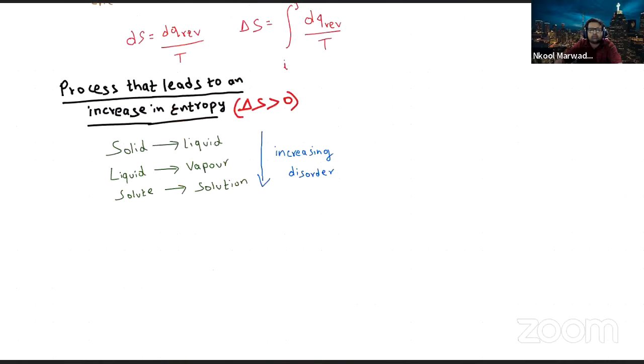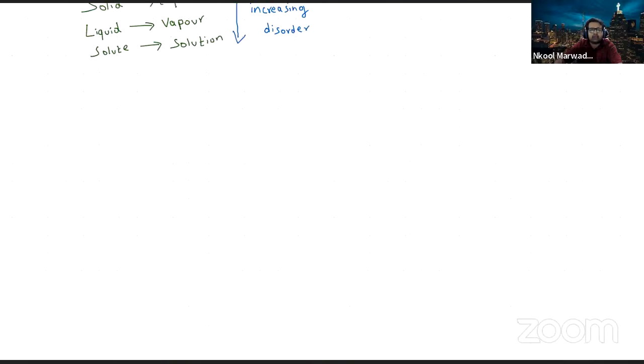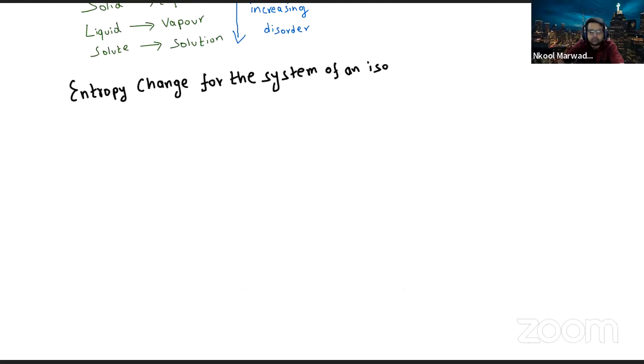The change in entropy for the system of isothermal expansion of a perfect gas.